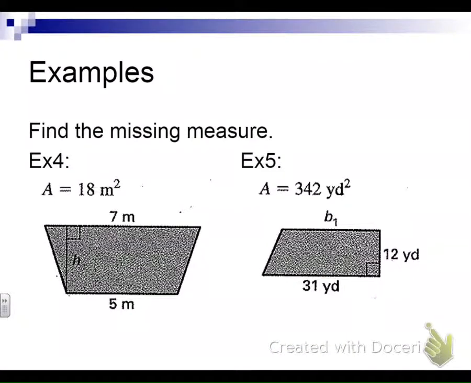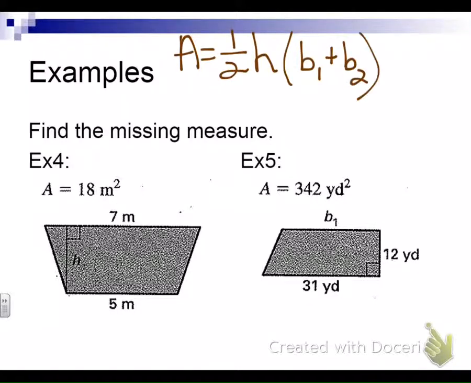We know the area, right? Let me write my formula at the top. Area equals 1/2 times the height times base 1 plus base 2. So my area in the first one we know. It's going to be 18. What does 18 equal? Area equals 1/2 times.